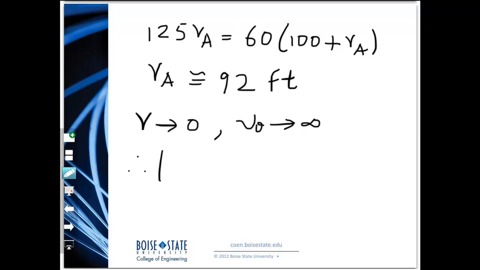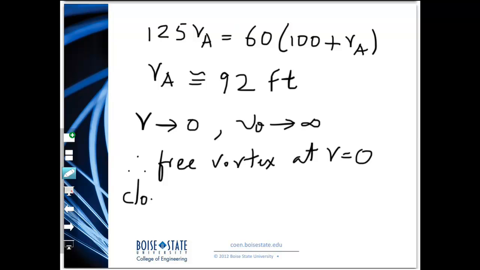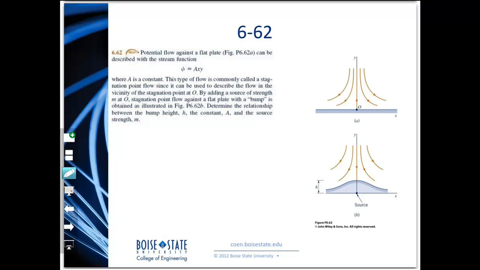Therefore, the free vortex at r equal to 0 does not apply, since the velocity becomes infinite.